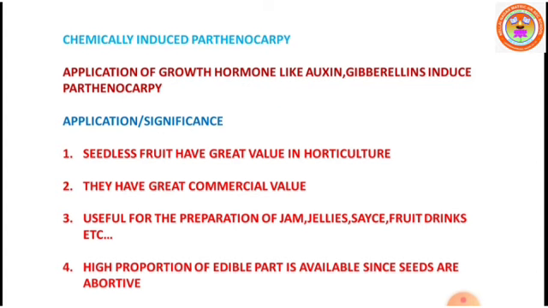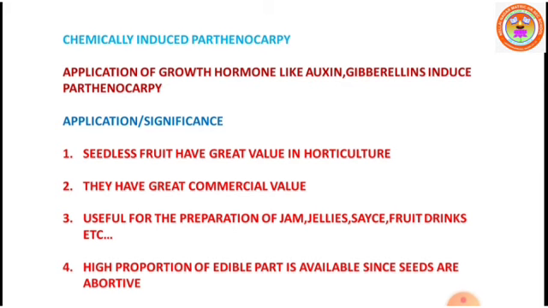When we spray these, and gibberellins, on the flowers, the ovary present in the flowers develops into a fruit-like structure. Hence, it is called induced parthenocarpy. So chemically, we make a fruit develop from the ovary without the act of fertilization.